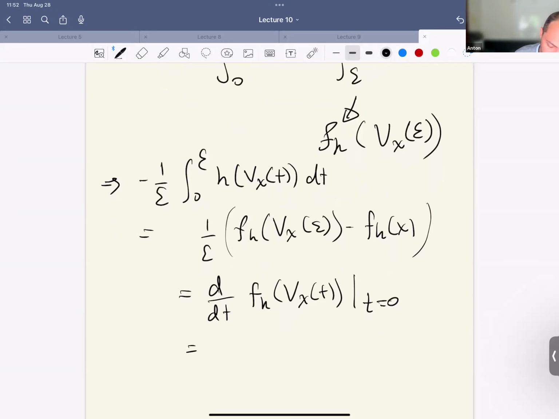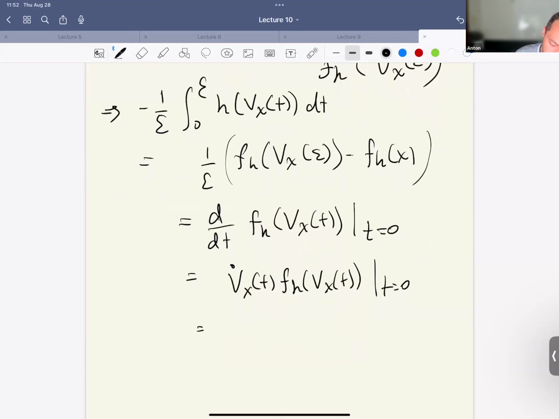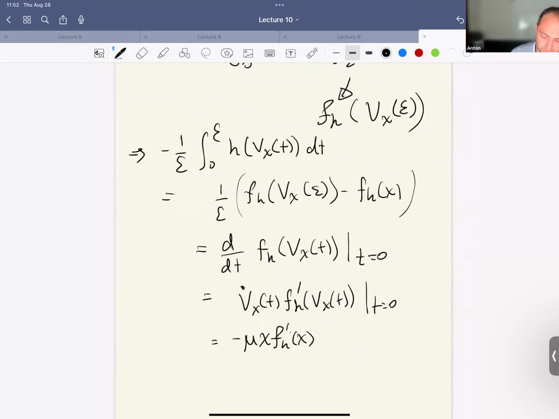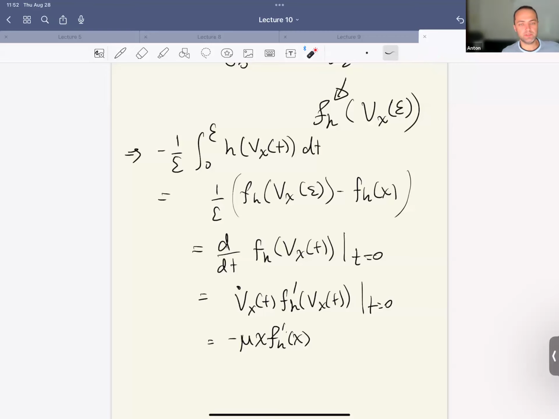And this is just the product rule, the chain rule, v dot x of t at t equals 0, f sub h of vx of t at t equals 0. And this is negative mu x f prime h of x.